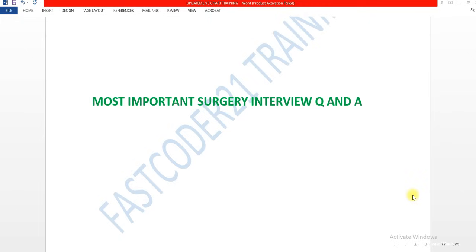Next, check whether the physician used any instrumentation, anterior or posterior, and how many segments the instrumentation was performed. So these are the steps you need to follow while coding arthrodesis.